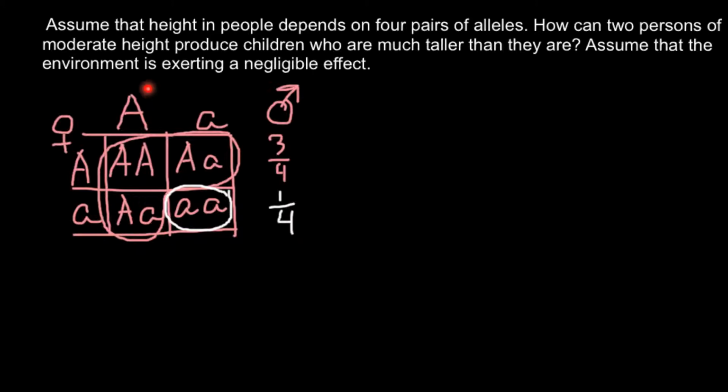For example, if capital A allele stands for red color in plants, and recessive small a stands for white color, these 3 genotypes would produce plants with red flowers, and this genotype would produce plants with white flowers. And when we have quantitative traits, the picture looks different.